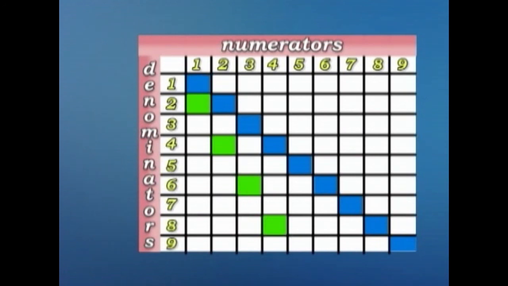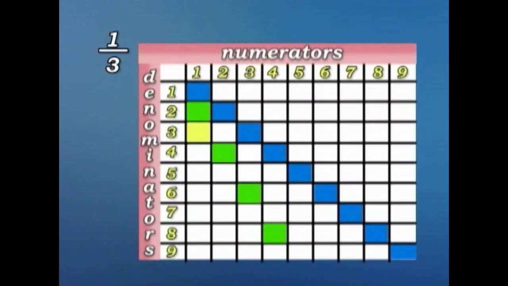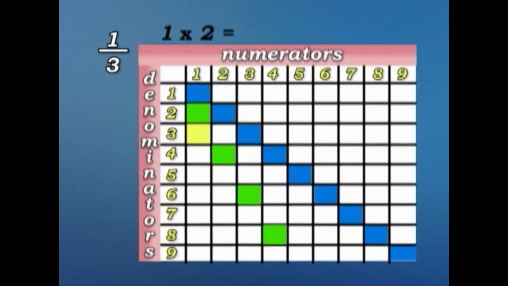Let's do one more together. 1 over 3. Let's color that yellow. What's an equivalent of 1 over 3? Well, if we multiply 1 by 2, we get 2. If we multiply 3 by 2, we get 6. So 2 over 6 must be an equivalent fraction for 1 over 3.